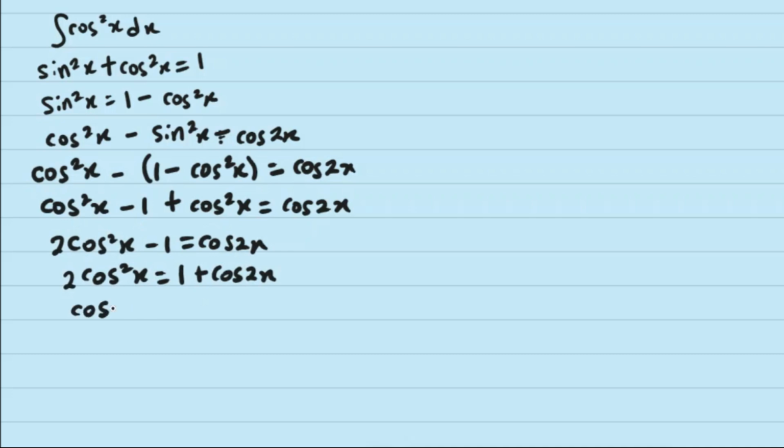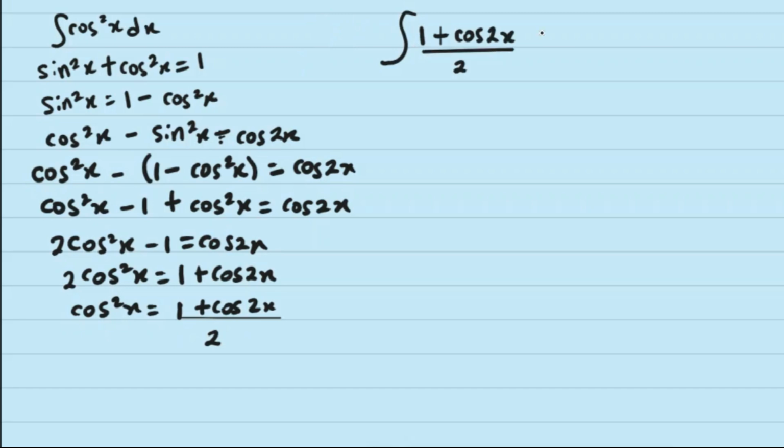So cos square x is basically the same thing as (1 plus cos 2x) divided by 2. If cos square x is the same thing as (1 plus cos 2x) divided by 2, it means that the integral of cos square x is now the same thing as the integral of (1 plus cos 2x) divided by 2 dx.